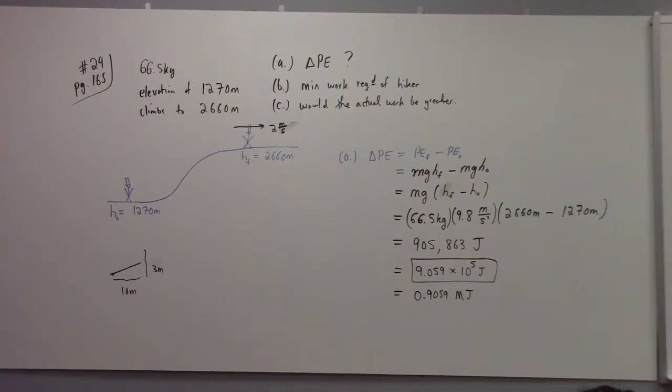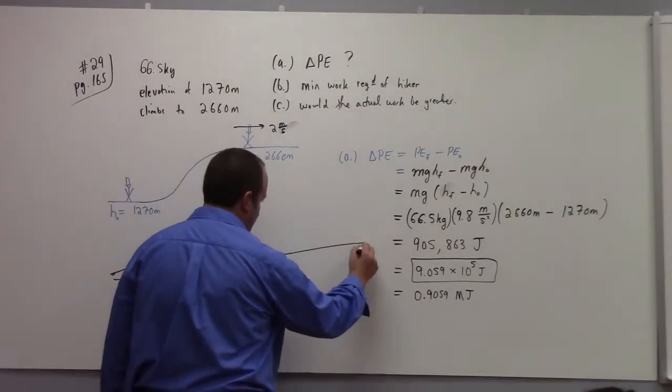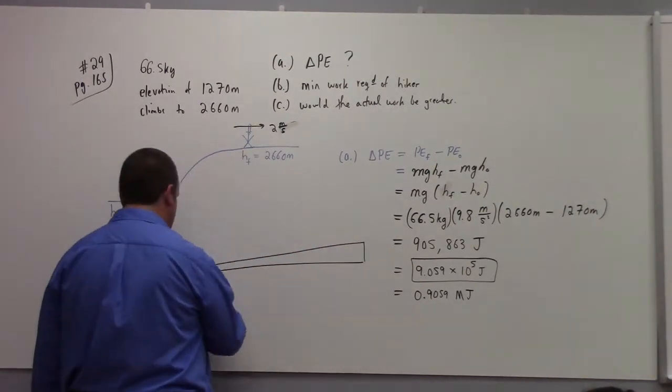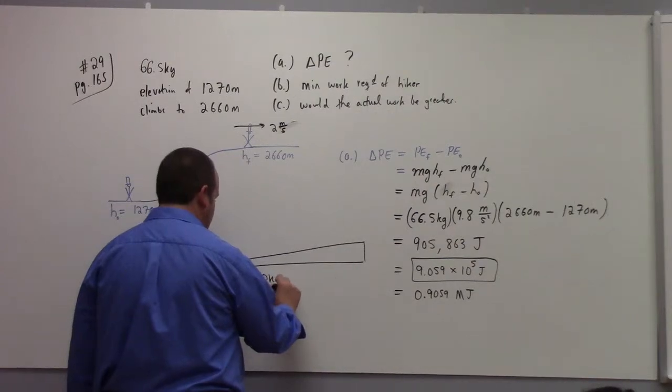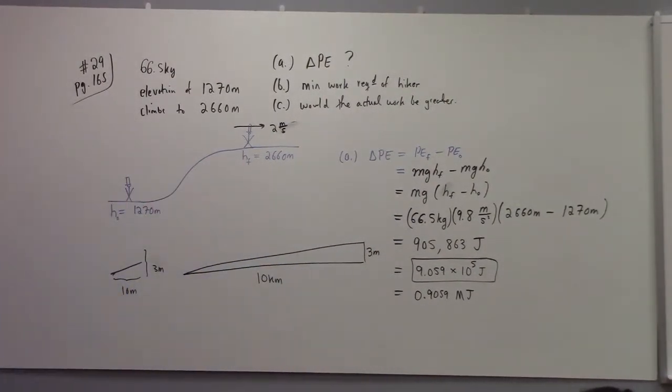Think about your change of potential energy. What if you instead walked up an incline like this, and my picture's not to scale, but suppose this is 10 kilometers and this is 3 meters. The change in potential energy for both of these paths is the same. It's the mass times gravity times 3 meters from start to end. What is going to take you more work?